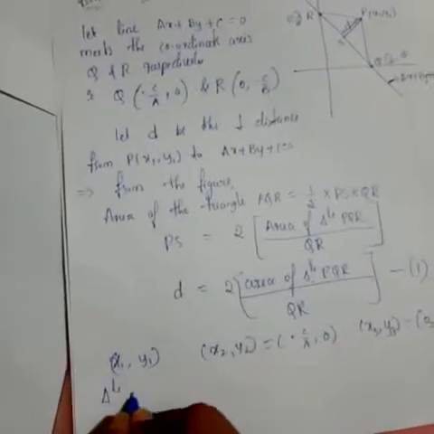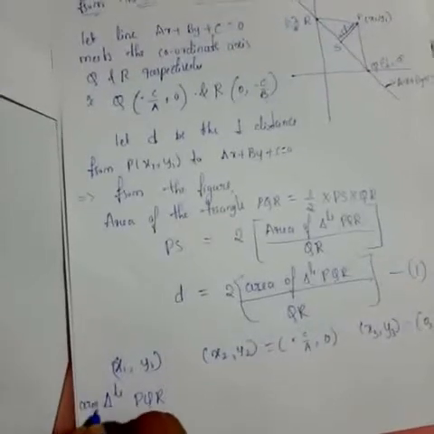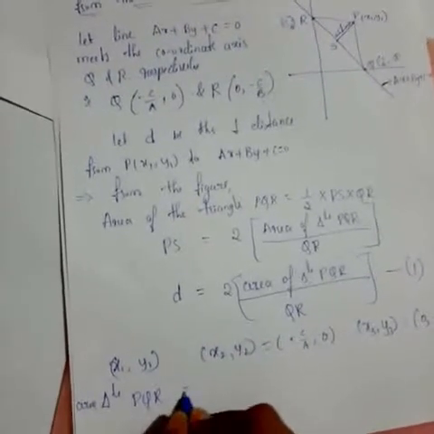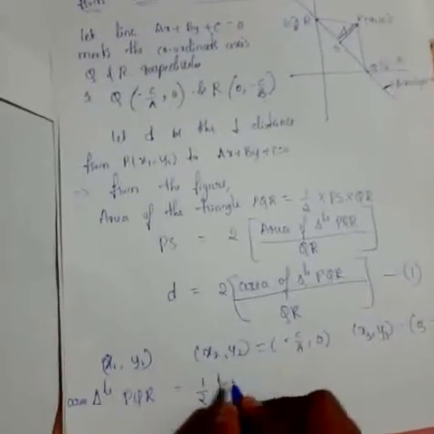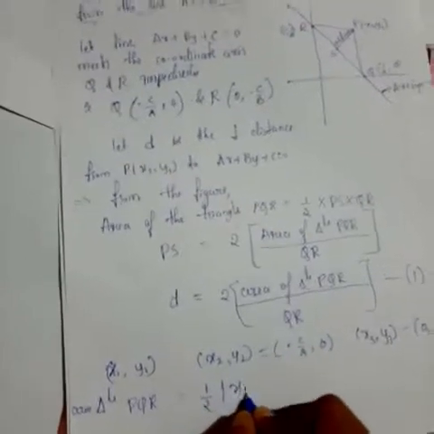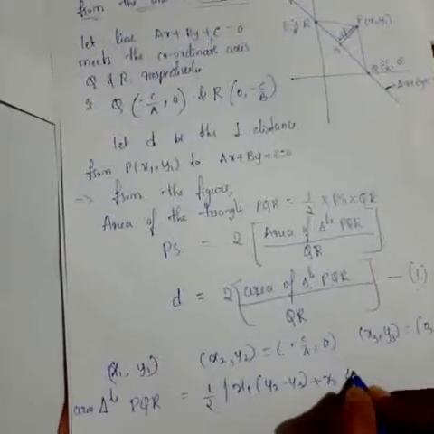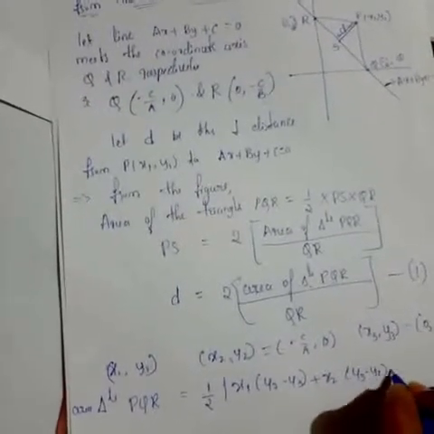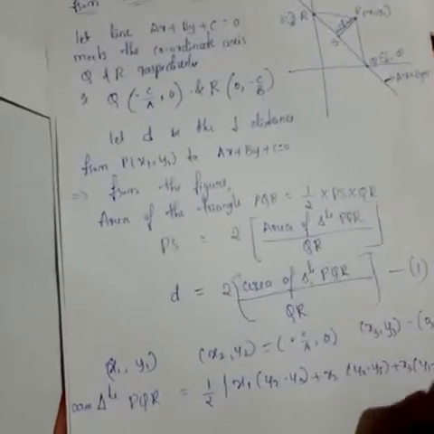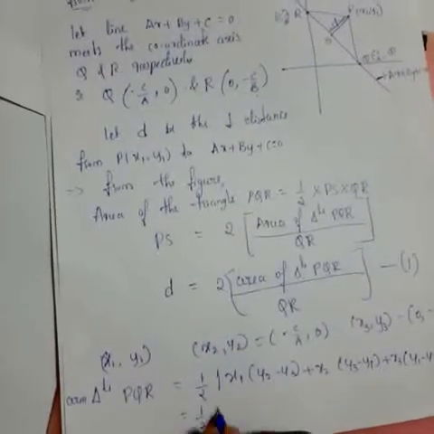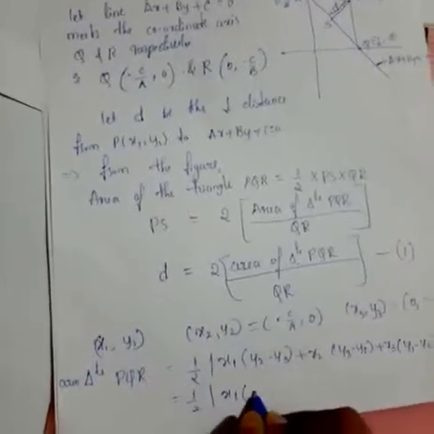Now the area of triangle PQR is equal to half determinant of, I will write the main formula first: x1(y2 minus y3) plus x2(y3 minus y1) plus x3(y1 minus y2). Put all these values in this equation. x1 is x1 only. Then y2 is what here?